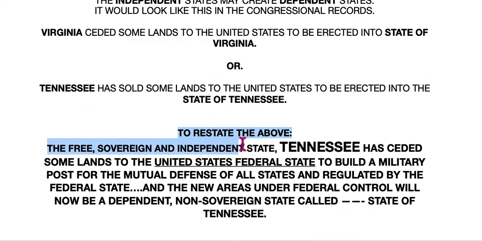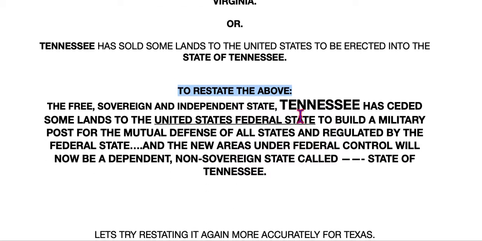I will restate the above in my own language so that you can better understand what this short sentence says. The free, sovereign, and independent state, Tennessee, has ceded some lands to the United States federal state to build a military post, or could be military posts, for the mutual defense of all states and regulated by the federal state.